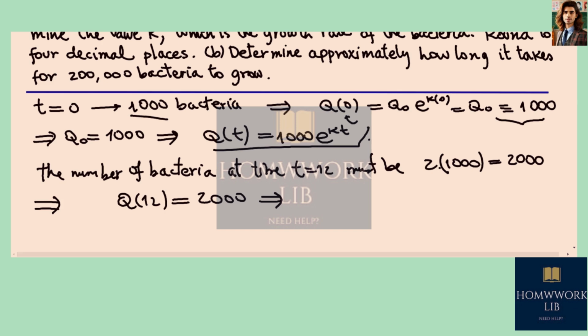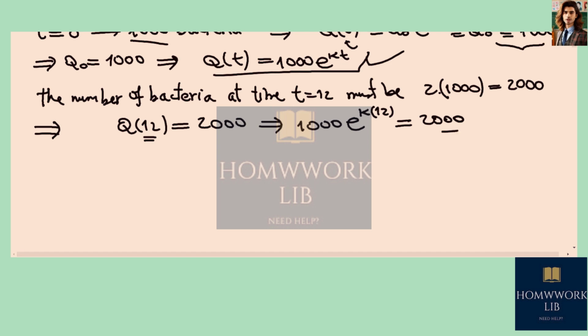And now we can use the formula of q which we have here. So it's 1000 e to the k times 12, because we are evaluating at t equals 12, and that has to be equal to 2000. If we pass 1000 to the right, we get that e to the 12k equals 2, 2000 over 1000.